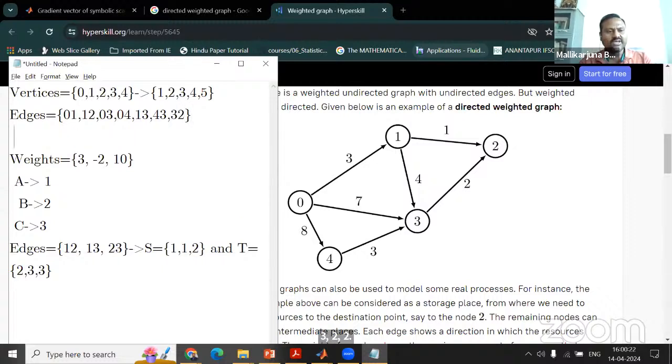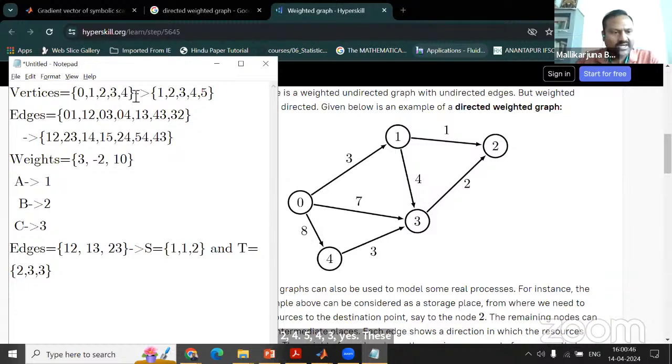But we are converting these with vertices 1, 2, 3, 4, 5, right? So 1, 2, 2, 3, 1, 4, 1, 5, 2, 4, 5, 4, 4, 3. Yes, these.